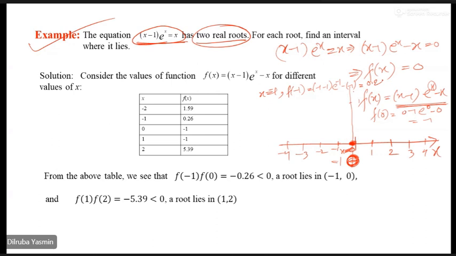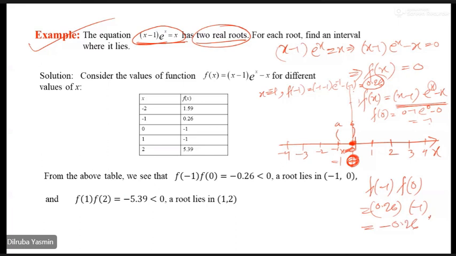In this interval, consider this is the point A and this is the point B. Let me check f of A, which is f of minus 1, times f of B, which is f of 0. What will be the value you get? 0.26 times minus 1, which is equal to minus 0.26.